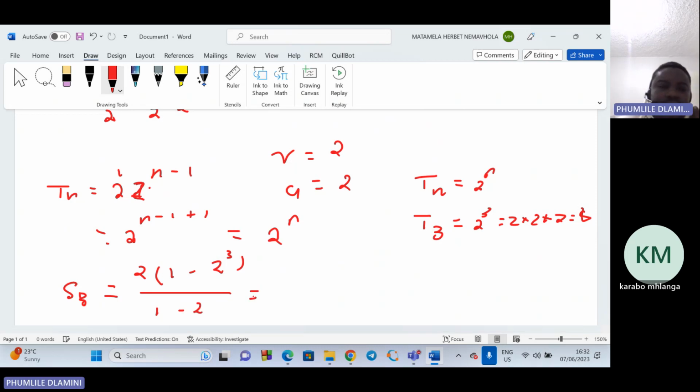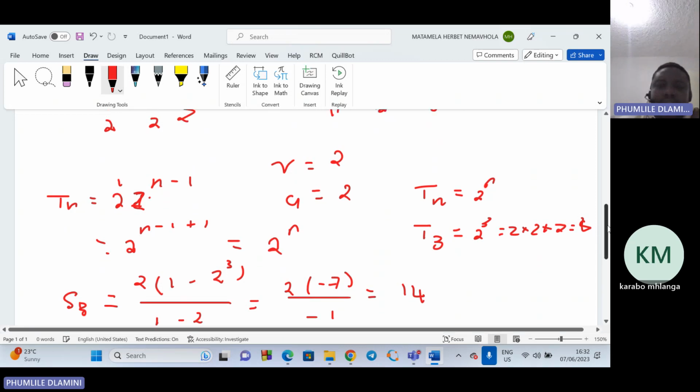So if we check this, your answer is going to be 2 in brackets, 1 minus 2 to the power 3, which is 8. 1 minus 8 is going to be minus 7, over 1 minus 2, which is minus 1, whereby 2 times negative 7 is going to be negative 14. Negative 14 divided by negative 1 is going to be 14.